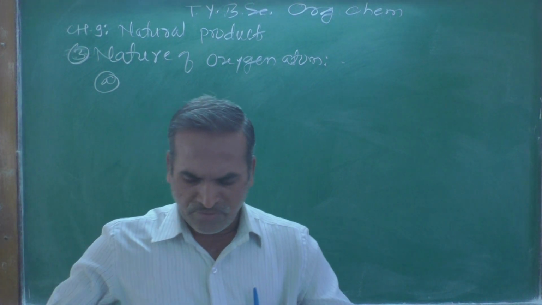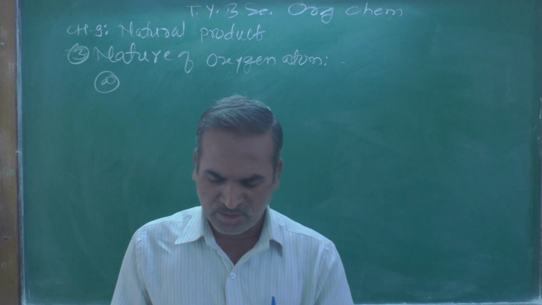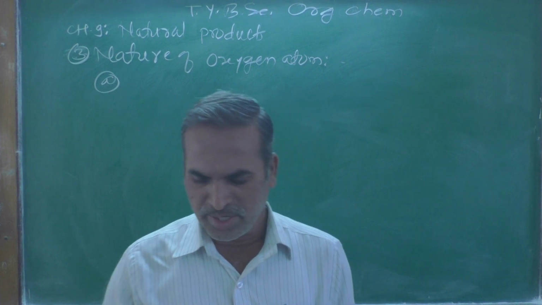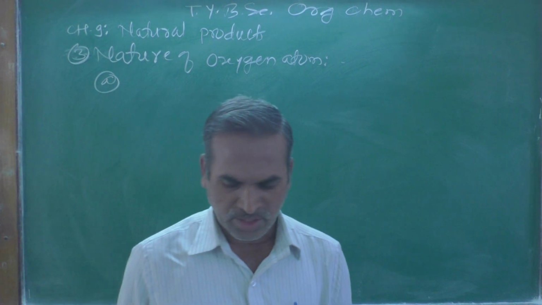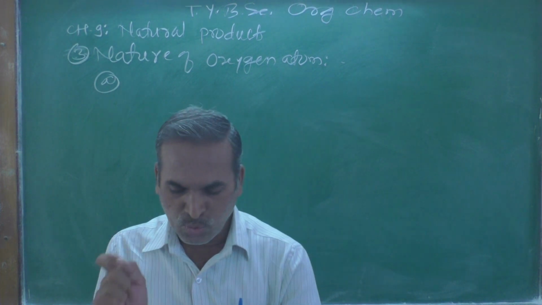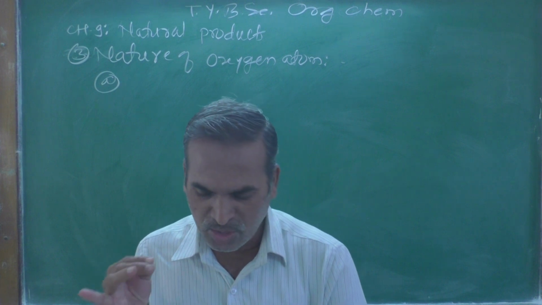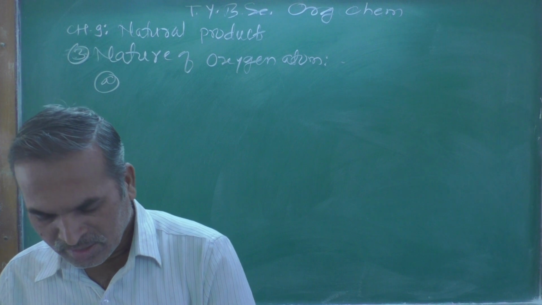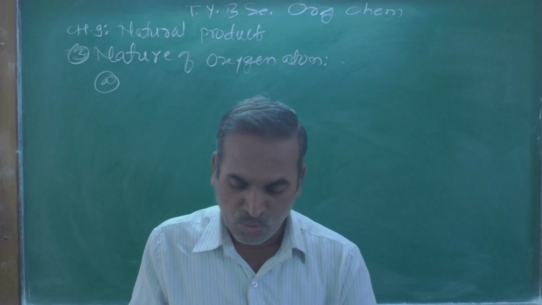See here, ephedrine on benzylation forms a dibenzyl derivative, indicating that the oxygen atom is present as a hydroxyl OH group, because one benzyl group is introduced at the NH group while the other at the OH group.